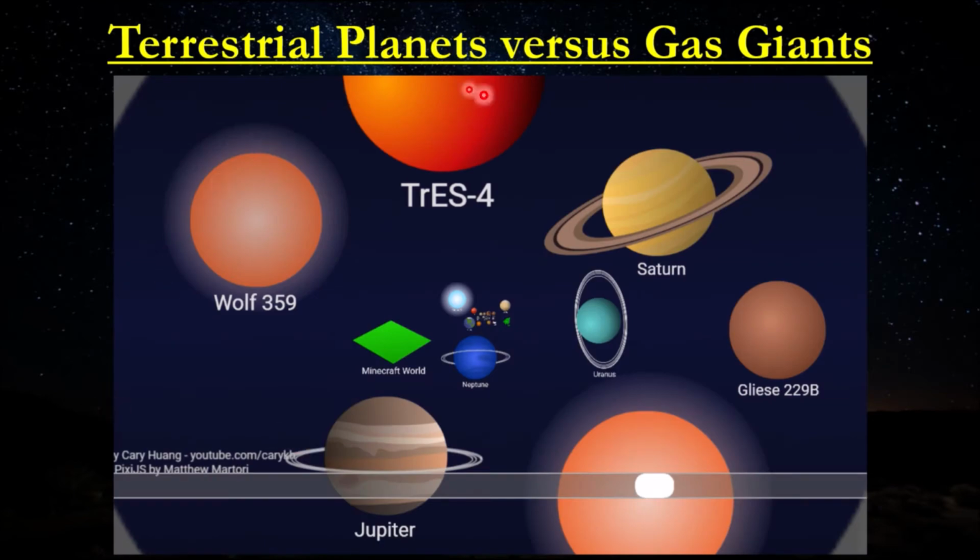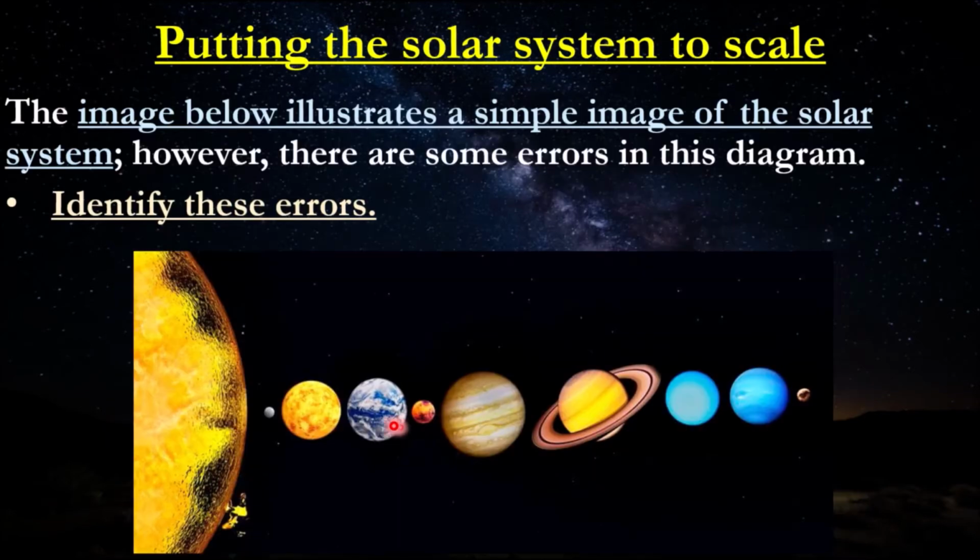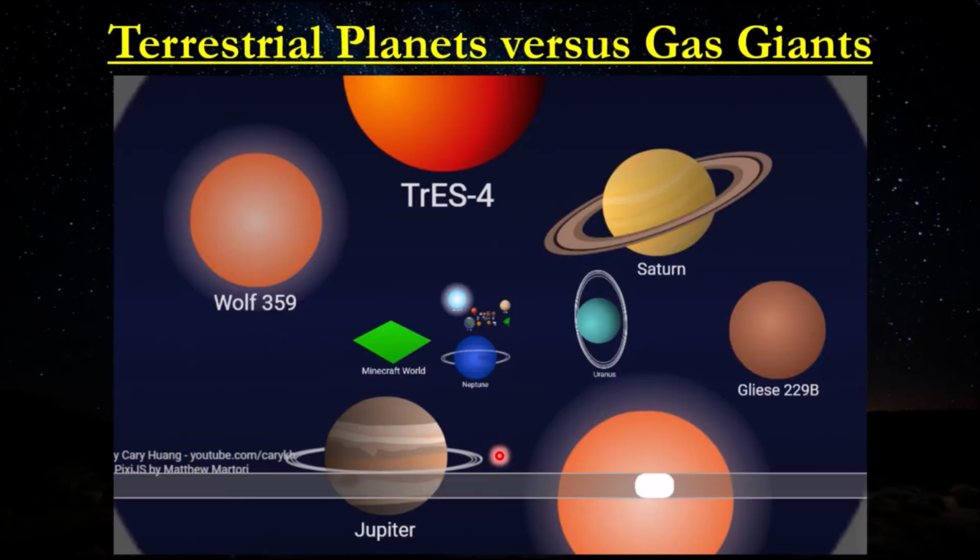If we compare it to our gas giants, you can see Earth is this little dot here, compared to the size of Jupiter and Saturn. If you recall the very first image of errors, Earth had a relatively similar size to Jupiter in our original diagram, as you can see here. So that's one of the inaccuracies that we have.